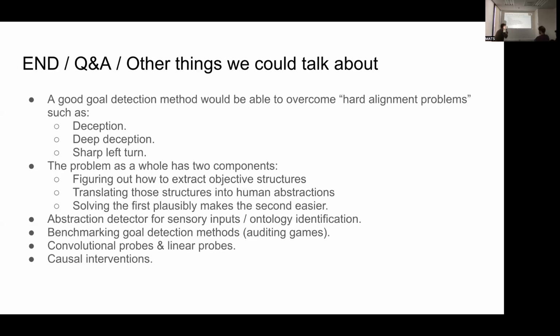Yeah. So this is related to this point about an abstraction detector for sensory inputs. Theoretically, it might be possible that, given any particular sensory input stream that the AI has during training or up until this particular point, you can take that as a data set, and maybe there's some method you can use to extract the set of all possible abstractions that the AI must use.